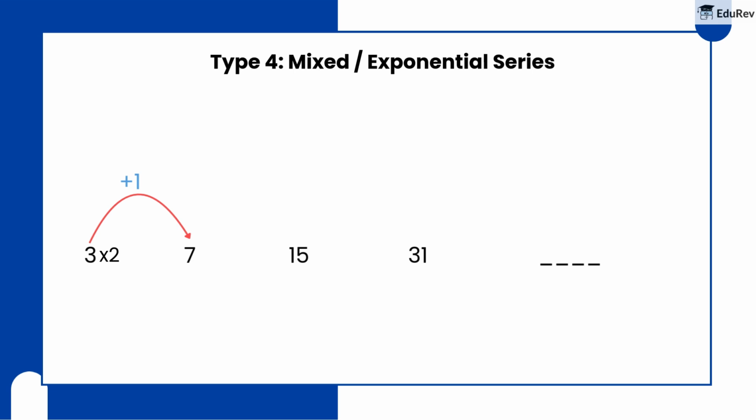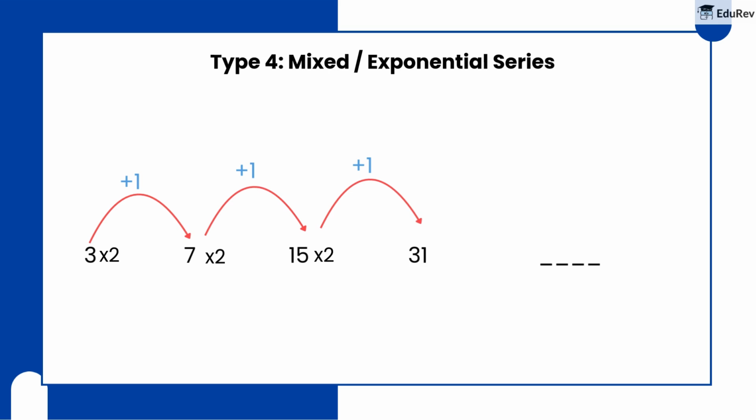Does it work for 7 to 15? 7 multiplied by 2 plus 1 equals 14 plus 1, which equals 15. Yes! Does it work for 15 to 31? 15 multiplied by 2 plus 1 equals 30 plus 1, which equals 31. Yes! The rule is multiplied by 2, then add 1.